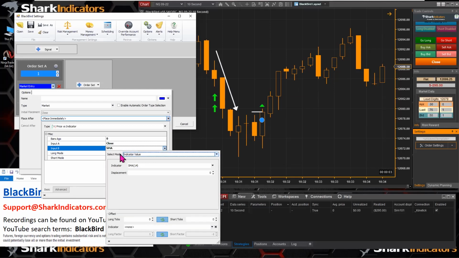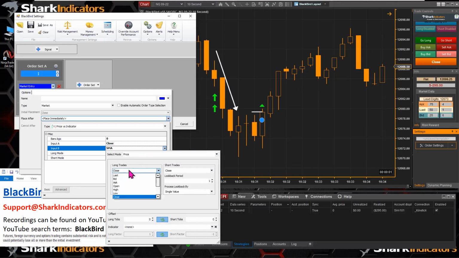So we're going to open this up, and we're not using an indicator value. We want prices. For a long, we want the high of the bar, so we're comparing the close to the high of the bar. If it was a short, then we'd be comparing the close to the low price.